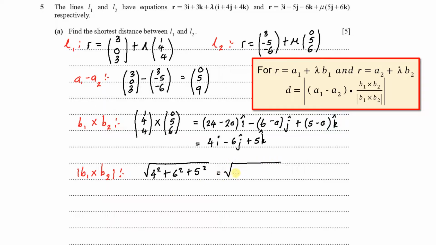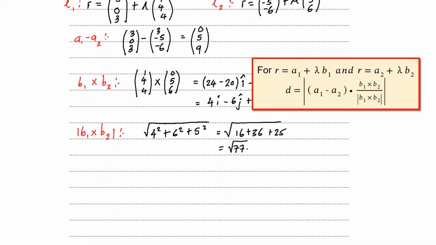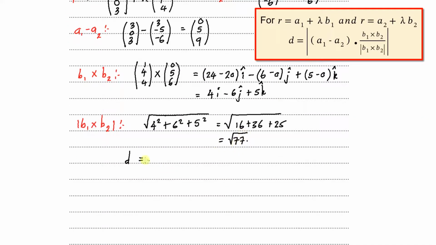That's 16 plus 36 plus 25. And adding these three, we get the square root of 77. So for D, I'll have 1 over root 77 figured out.